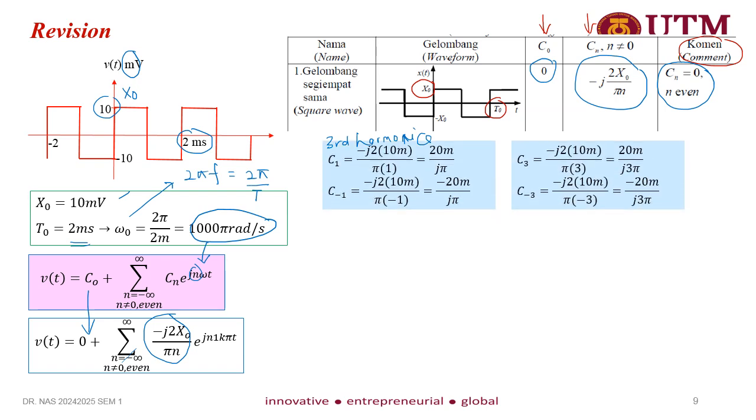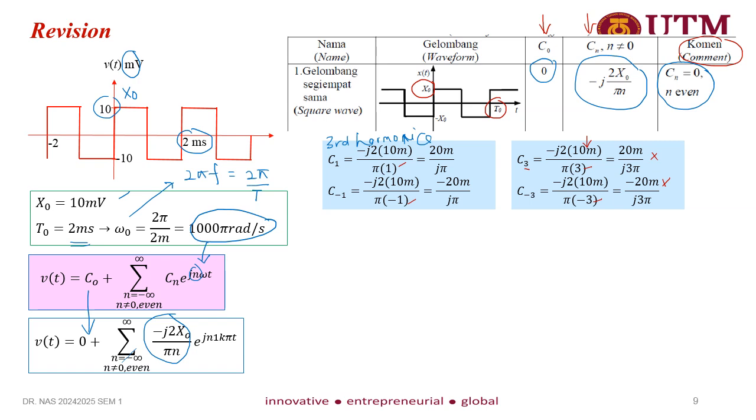So this is a Cn, so replace all the values in. So negative j 2x naught, your x naught is 10 milli, and then divided by pi n, in this case for n equal to 1, and this is for n equal to minus 1. Same goes to the third harmonics, n equal to 3 and n equal to minus 3. So this is from the equation. So this is the final answer.